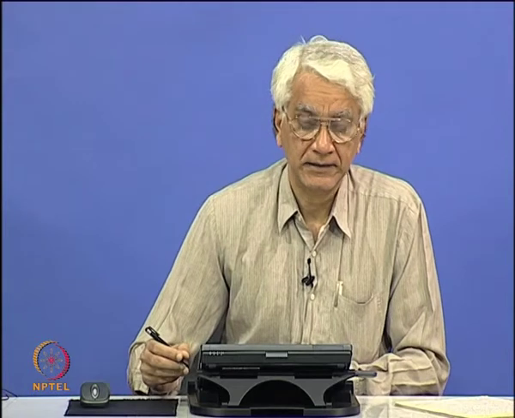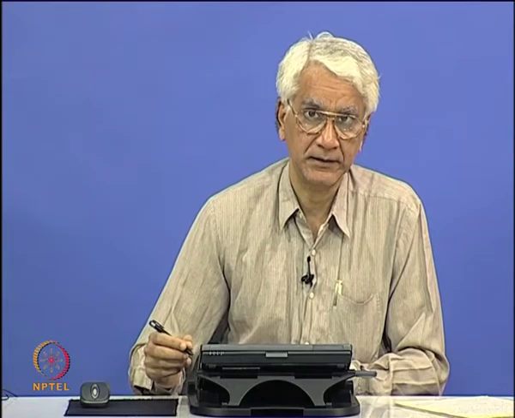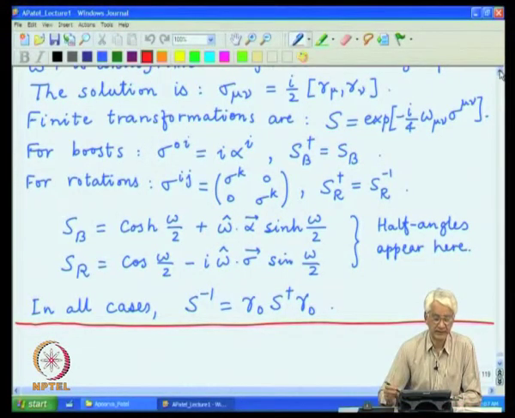We constructed the transformation matrix for the Dirac spinor by demanding that the equation remains covariant when a Lorentz transformation is applied, and that led us to this explicit form for the matrix S and the corresponding generators sigma mu nu.